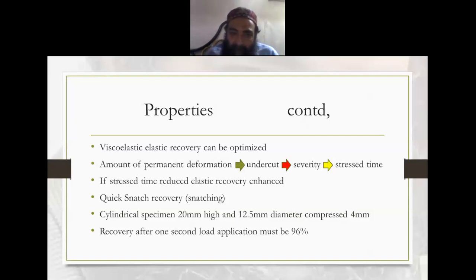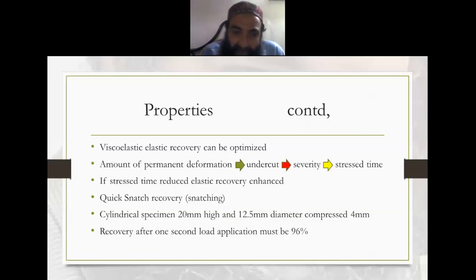Same as I have described: even if the undercut is severe, but you snatch the material out of that undercut in less time after its setting, not before its setting, then elastic recovery will be enhanced, because the time in its stressed state will be less, so it comes out more rapidly.